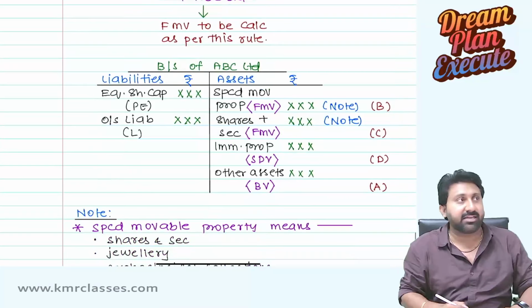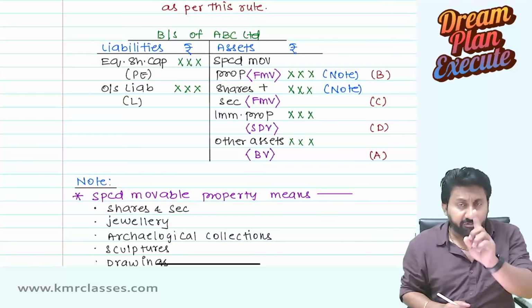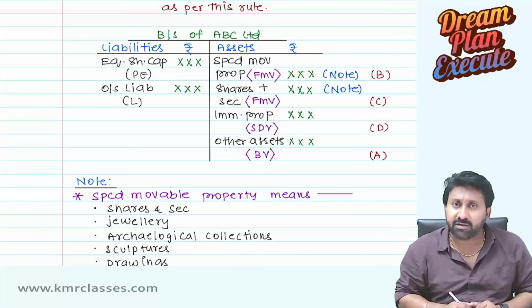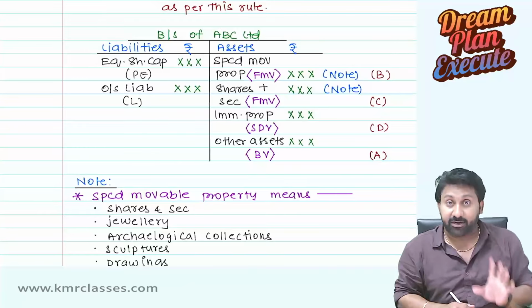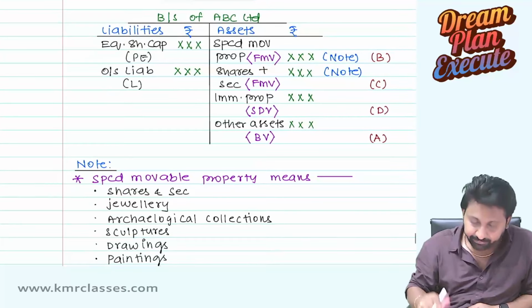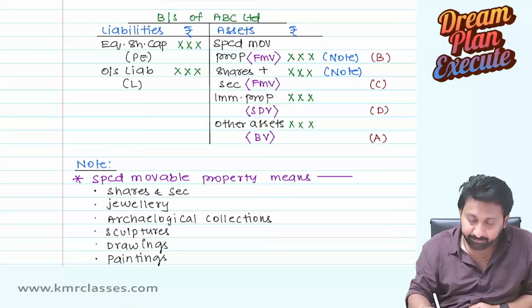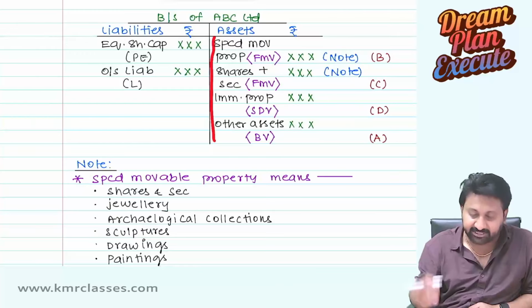What does this rule say? Which company's shares are you giving as a gift? ABC Limited. Take its balance sheet. On the balance sheet, take 4 different assets.